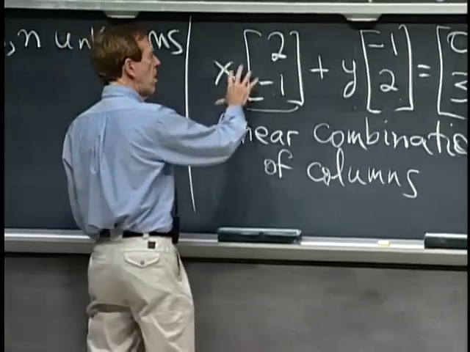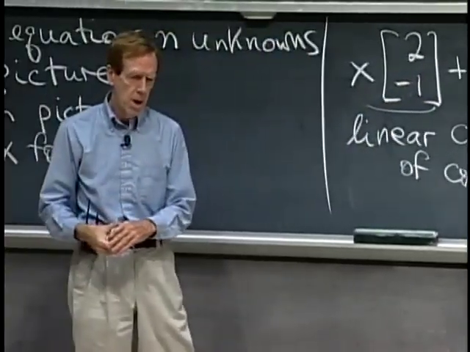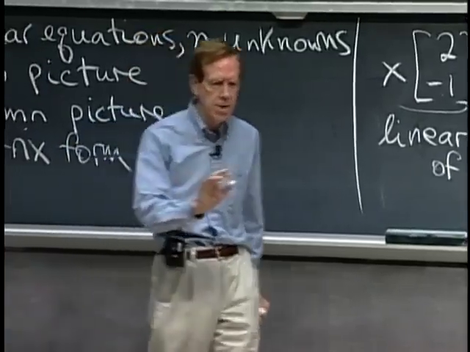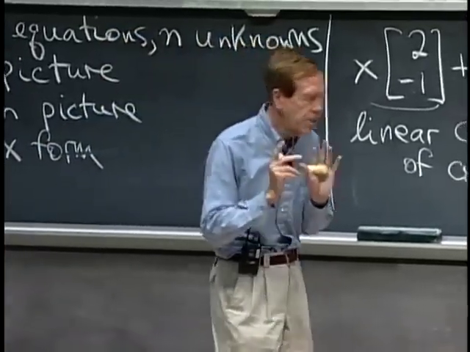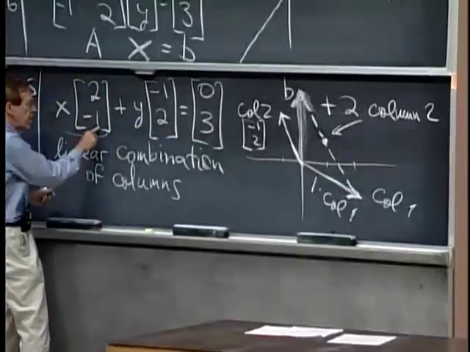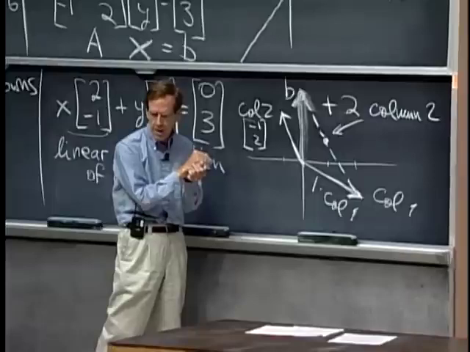If I took all the x's and all the y's, all the combinations, what would be all the results? Actually, the result would be that I could get any right-hand side at all. The combinations of this and this would fill the whole plane.